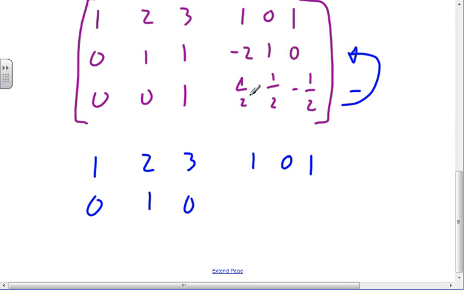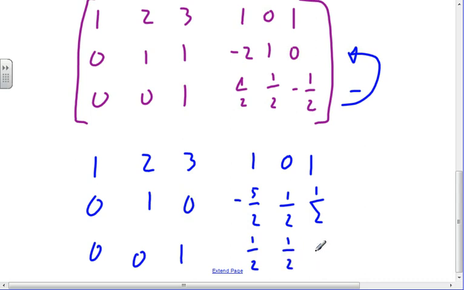Okay, I'm subtracting minus 5 over 2. I'm subtracting 1/2. I'm subtracting 1/2. 0, 0, 1, 1/2, 1/2, minus 1/2.